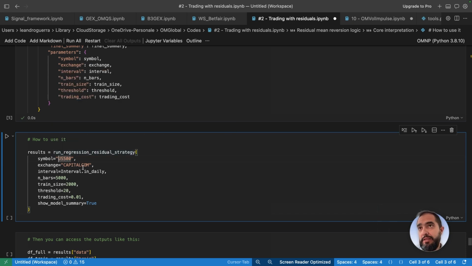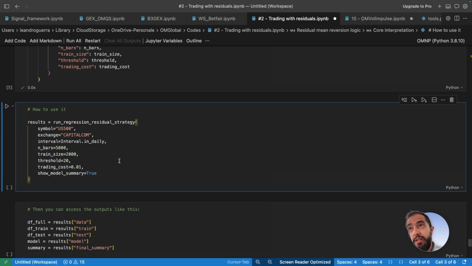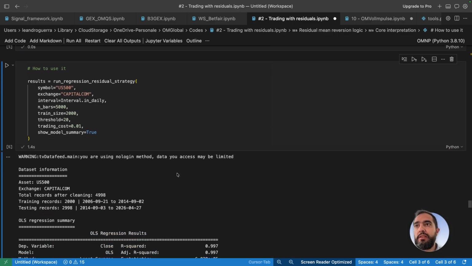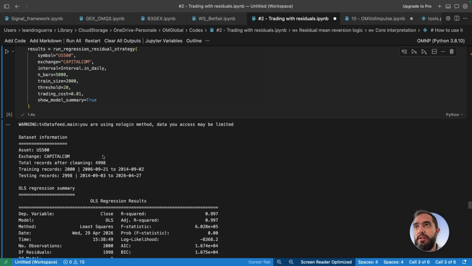We get the symbol, the exchange, the daily interval, 5,000 bars, 2,000 for the training size, 20 for the threshold, manually in this case, and the trading cost being that low, because that particular broker is low. And then I show the summary. When I run it, you see all the prints and plots that we have set.